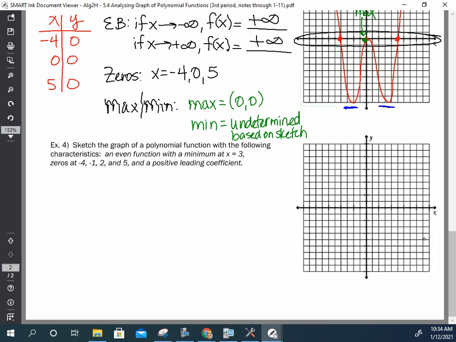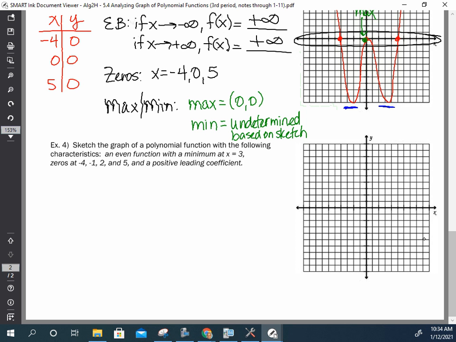So, example 4. Sketch the graph of the polynomial function with the following characteristics. An even function with a minimum at x equals 3, zeros at -4, -1, 2, and 5, and a positive leading coefficient. So this time they didn't give you a function. Rather, they gave you the characteristics, and they want you to give a sketch of the graph.